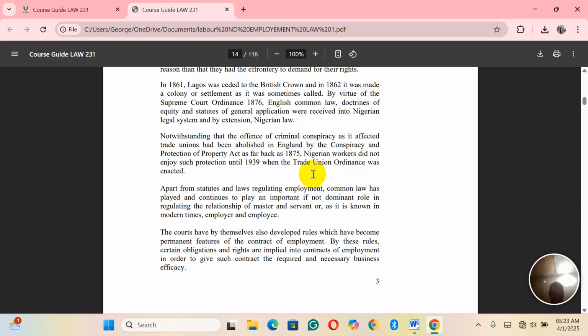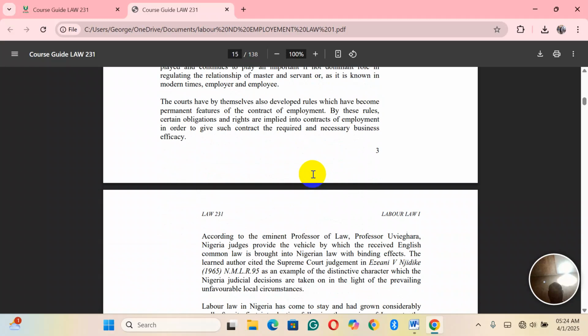The courts have by themselves developed rules which have become permanent features of the contract of employment. By these rules, certain obligations and rights are implied into contracts of employment in order to give such contracts the required and necessary business efficacy.